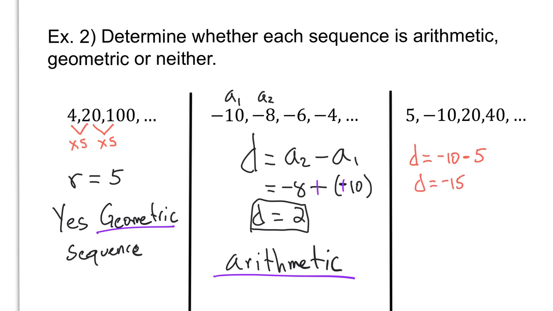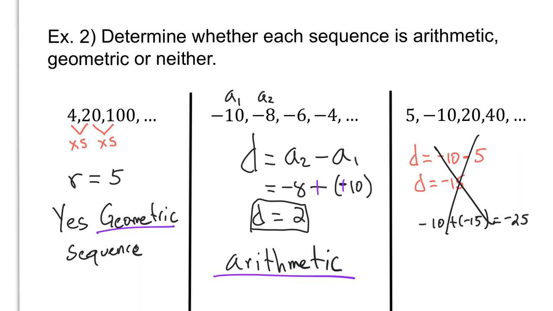So if you take 5 plus -15, that's going to be -10. But you need to check the next one. If you take -10 plus -15, that's going to equal -25. Nope, we don't get -25, we have a 20. So we are not adding either.